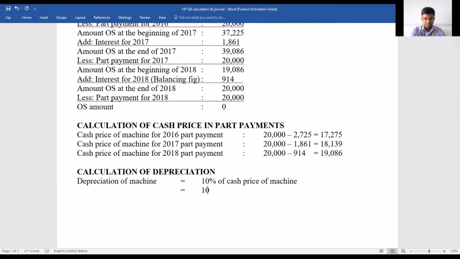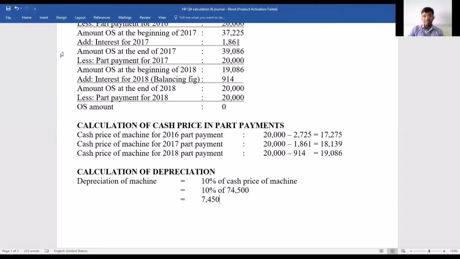So 10% of 74,500, which works out to be 7,450. So what will happen is every year you will be charging 7,450 as your depreciation amount. So 2016, 2017, 2018, it would be 7,450 that you will be charging as depreciation.